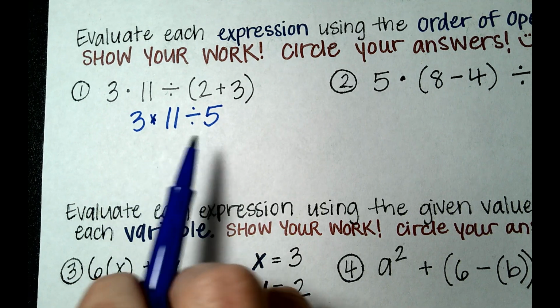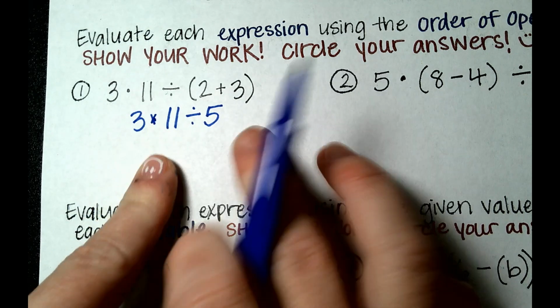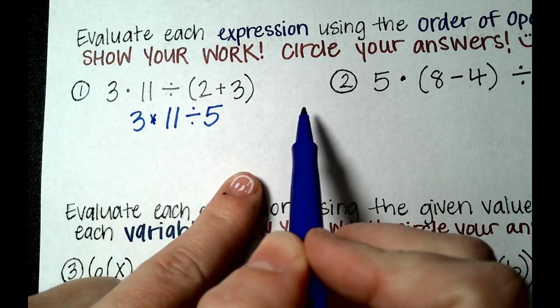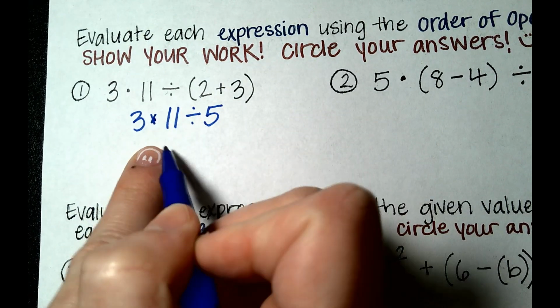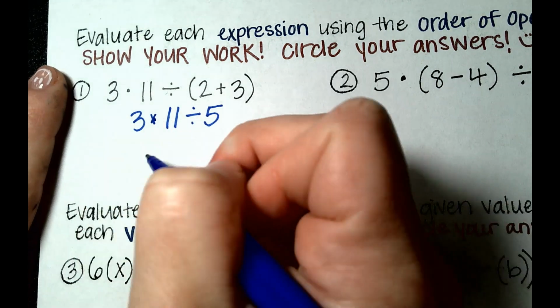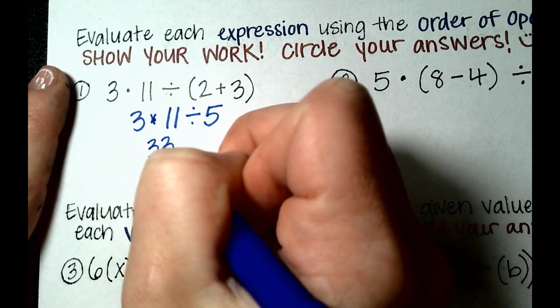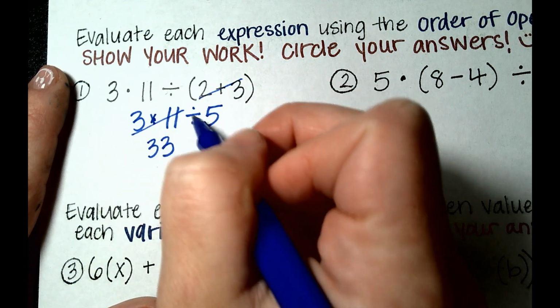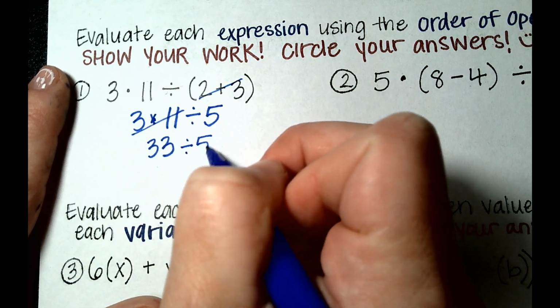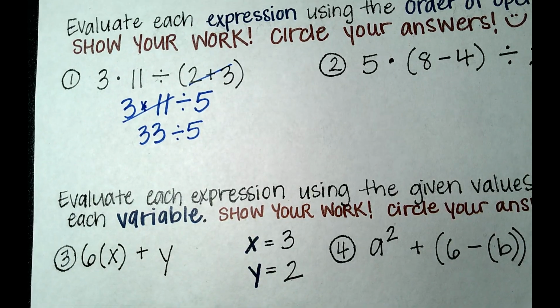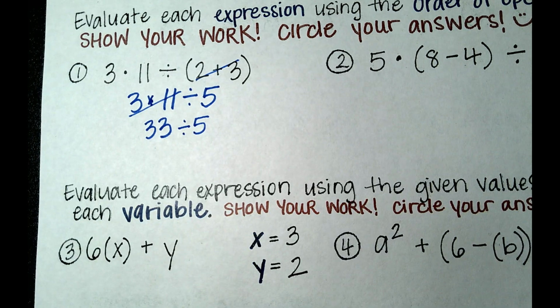Multiplication. 3 times 11. Yes, let's do the multiplication first because we're going to go from left to right. So we're going to do 3 times 11. And what does that give us? 33. And bring divided by 5 down. We can use our calculators because we'll get a decimal here.